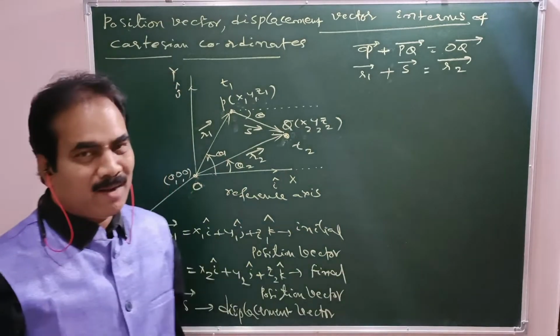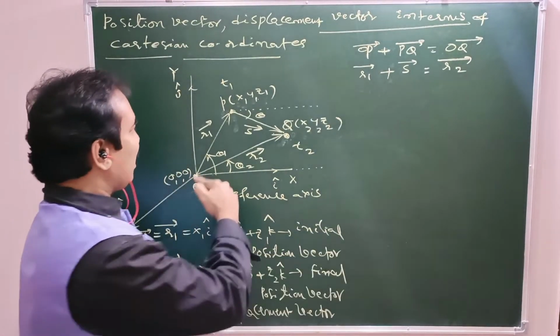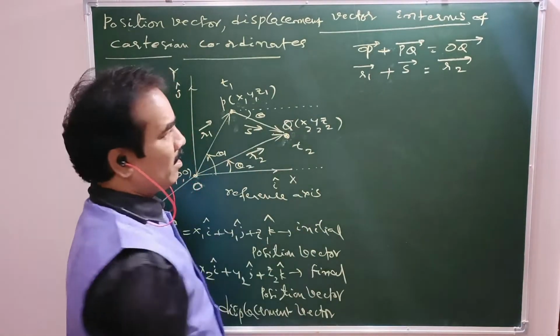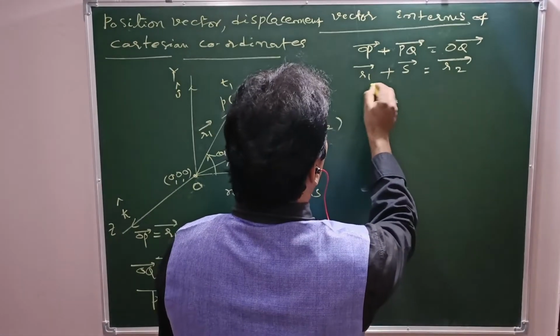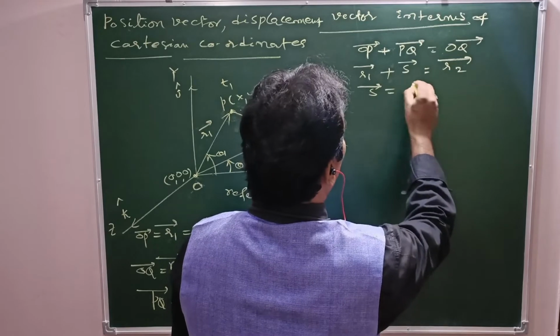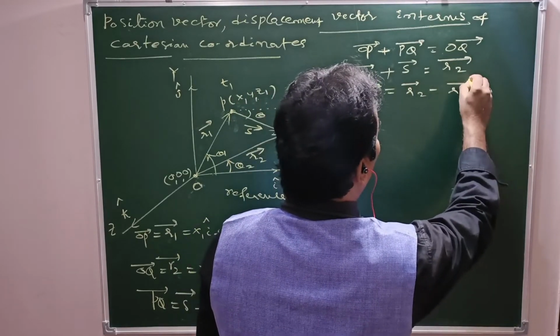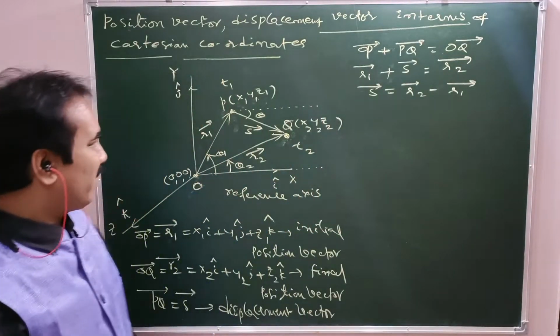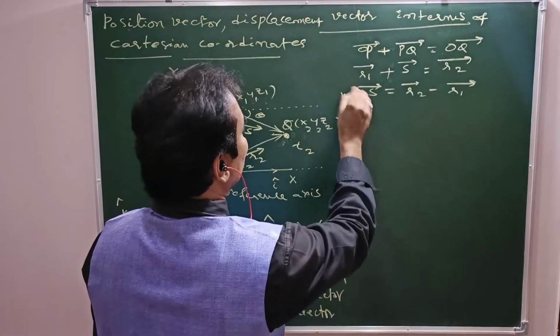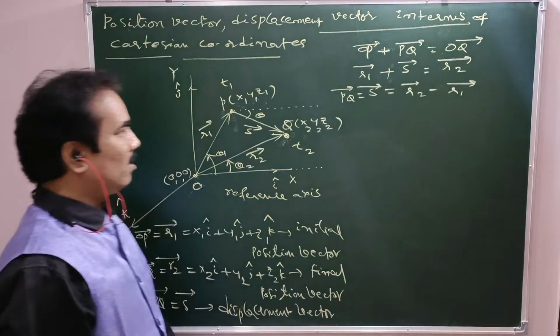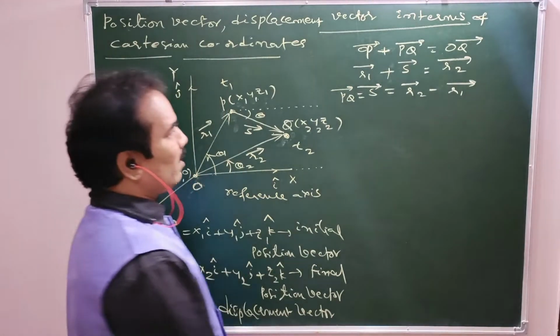Okay. R1 bar plus S bar equal to R2 bar. Coming to S bar, make it the subject: S bar equals R2 bar minus R1 bar. Displacement vector S bar means PQ bar, so PQ bar equals S bar equals R2 bar minus R1 bar.